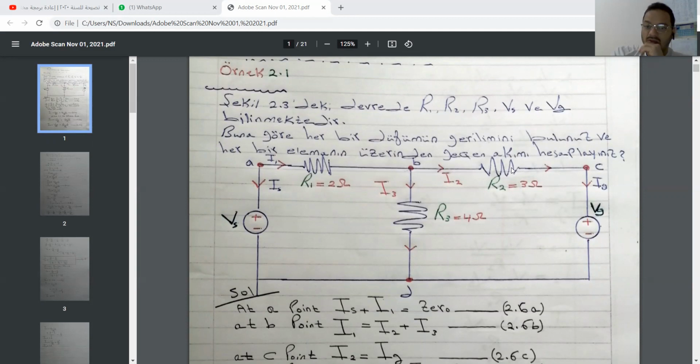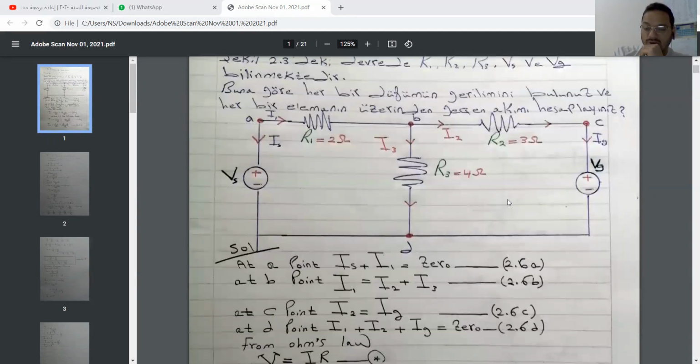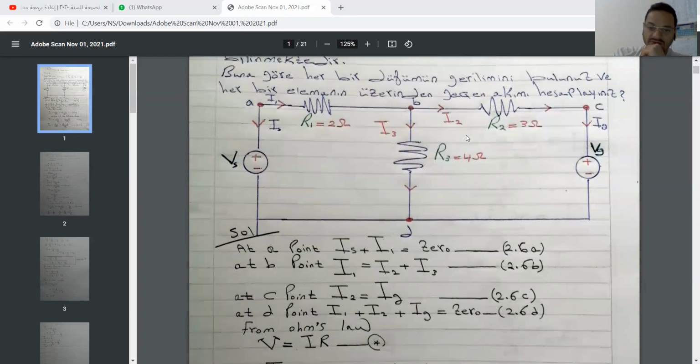After that, we will apply Kirchhoff's voltage law by calculating the total voltage around loop 1, and then loop 2.